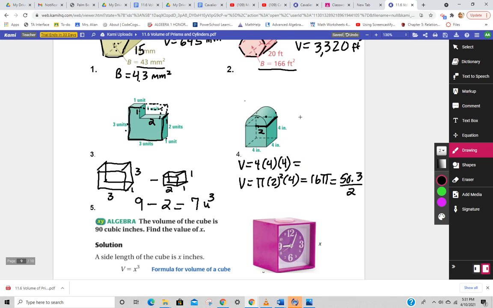So the volume is 64, the rectangular prism, plus half the cylinder. Half the cylinder is 25.1. And then add them together. So the volume is 89.1 inches cubed.